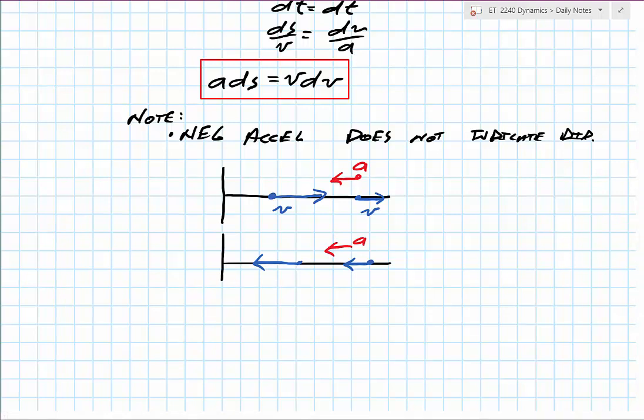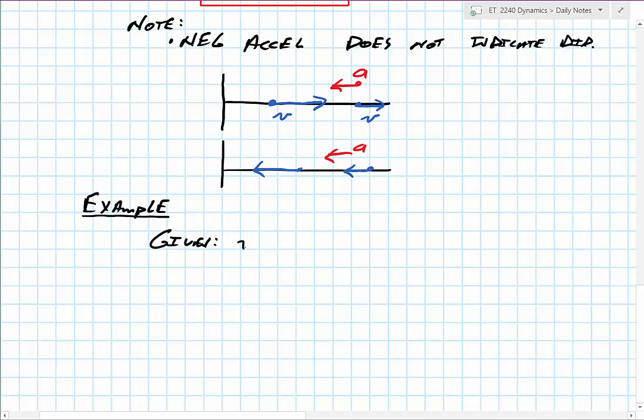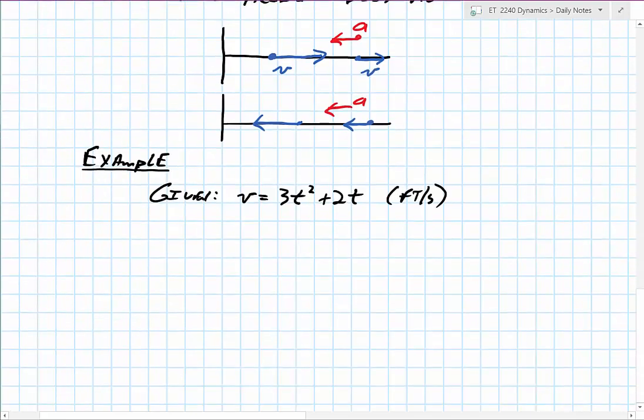So let's look at one little example on how you actually use these equations to solve a problem, and this is a problem I took from Hibbeler. Looks like it's example 12.1. Let's say for this example, we're going to be given a velocity, I think it's a car's velocity in this case, of 3t squared plus 2t, and our units for this equation are in feet per second.